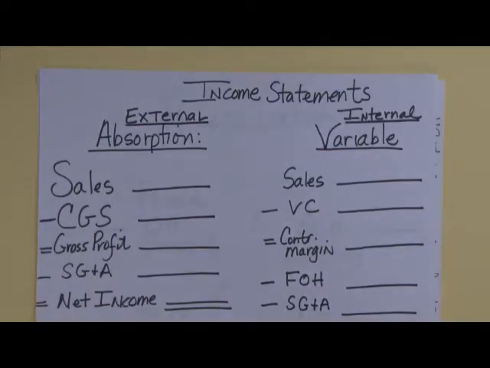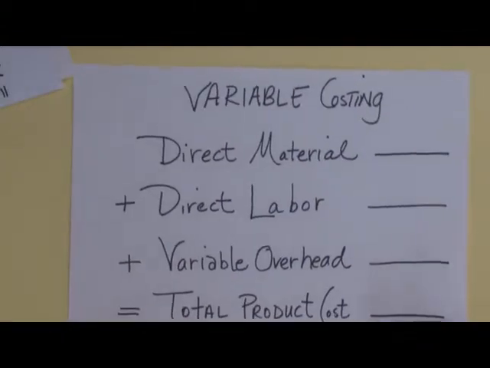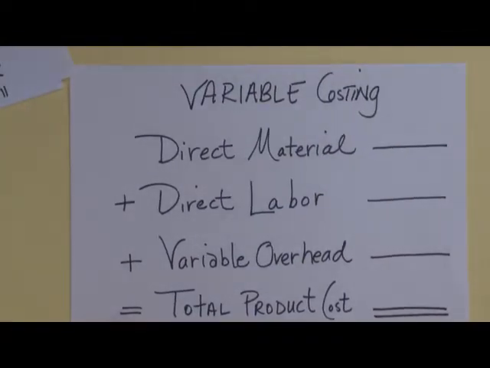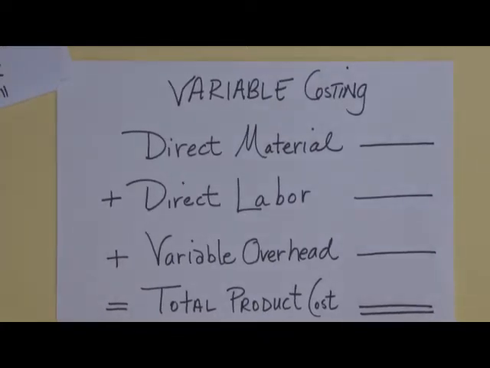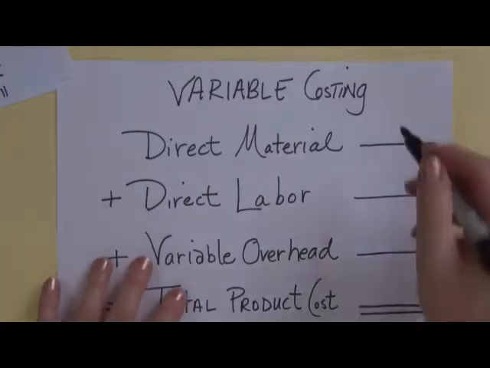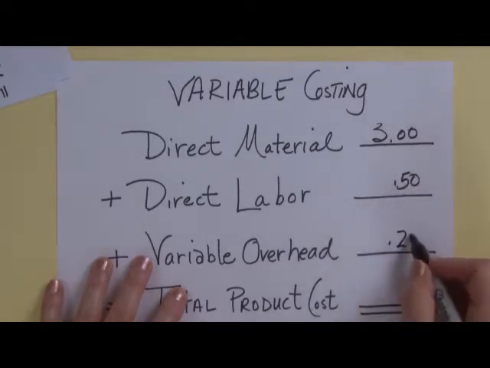Now, let's go to variable costing. We will do the same thing where we look at what one unit of product costs when we use this type of system. Remember, variable costing is only going to include the variable components and is appropriate for internal use only. $3, 50 cents, 25 cents, $3.75.